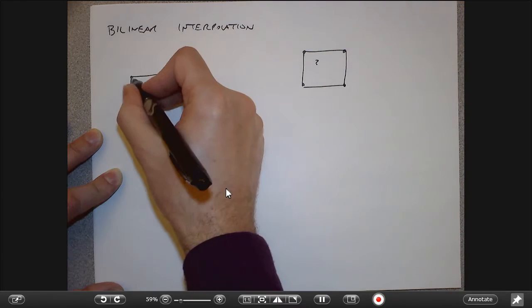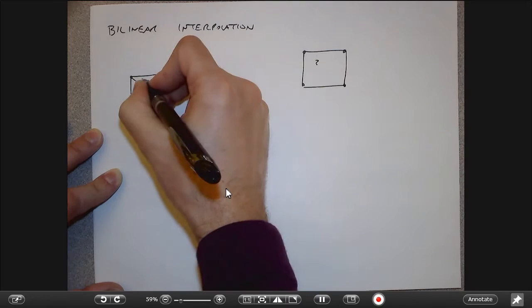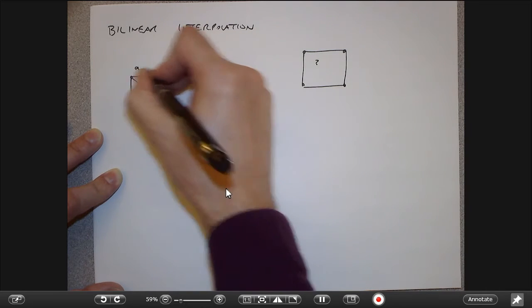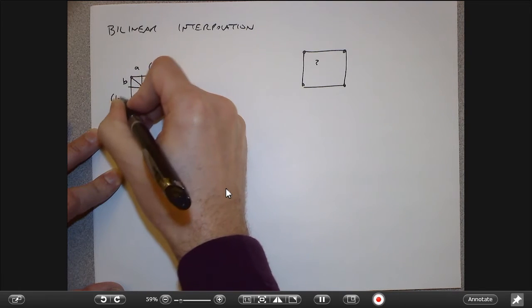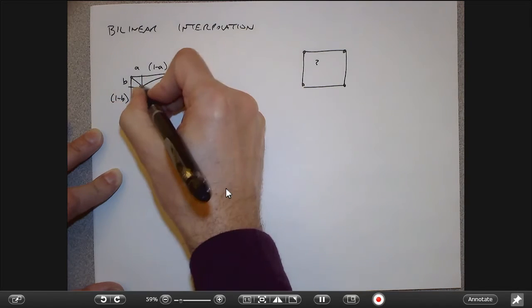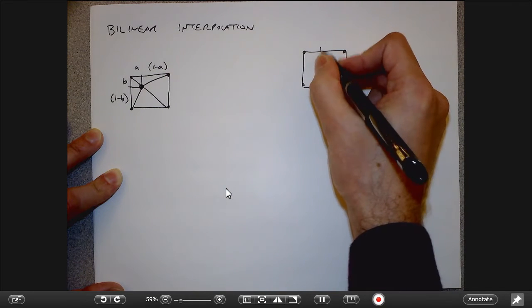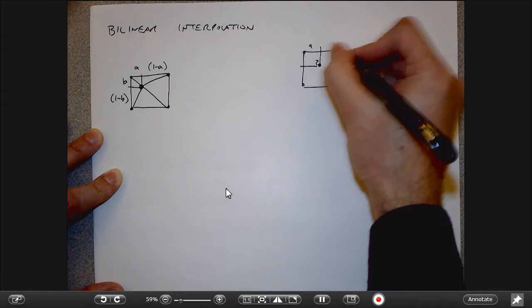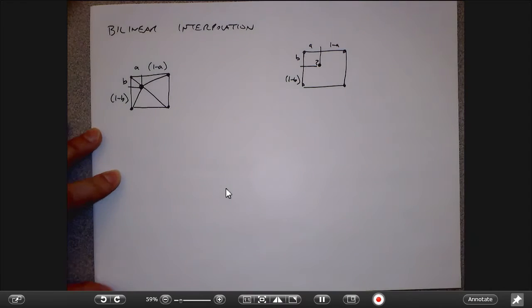Well, what I do is find these distances, more or less. So if this is A and this is 1 minus A, and this is B and this is 1 minus B, then this point over here is proportionally located at the same position over here.